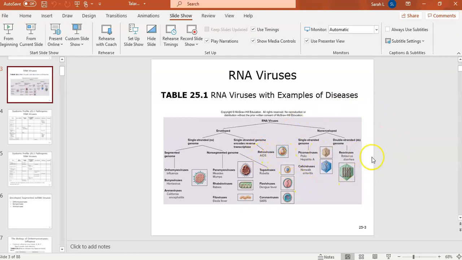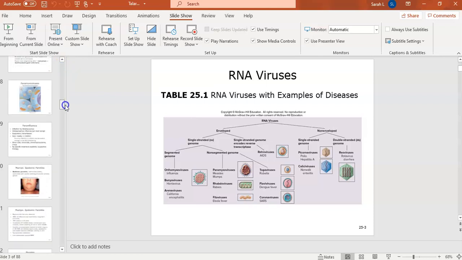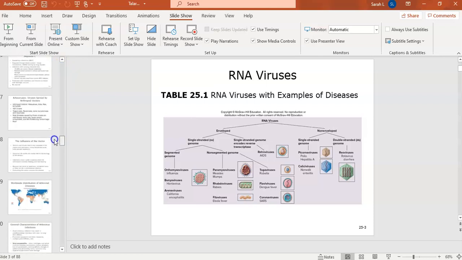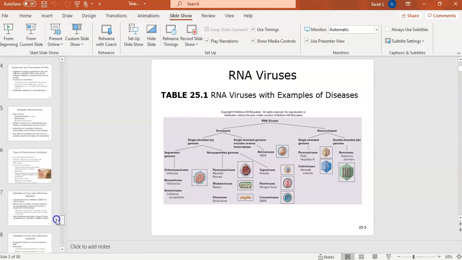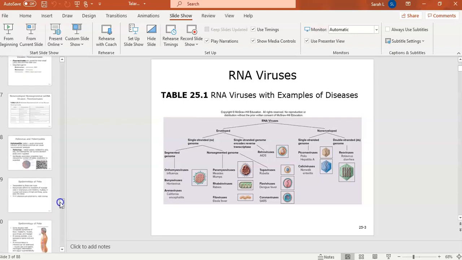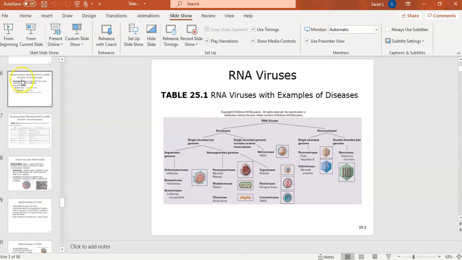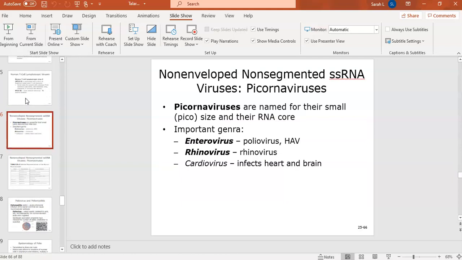We're now going to move over here to the very right and start to talk first about our single-stranded and non-enveloped RNA viruses. So I'm going to scroll down to that one.